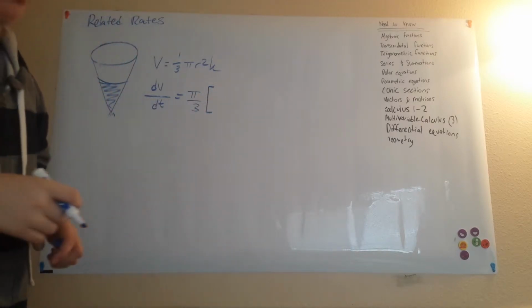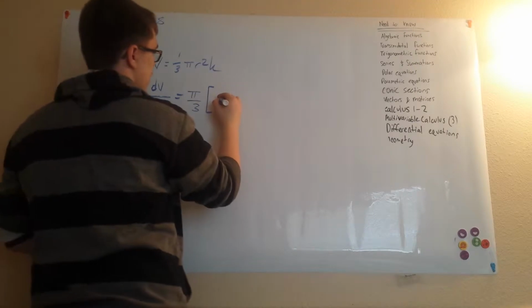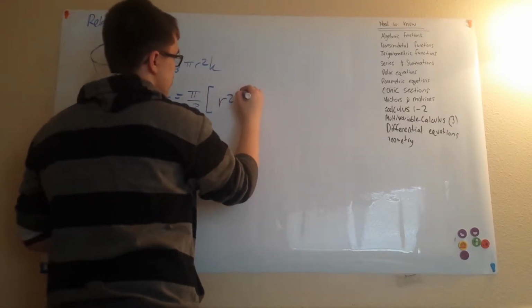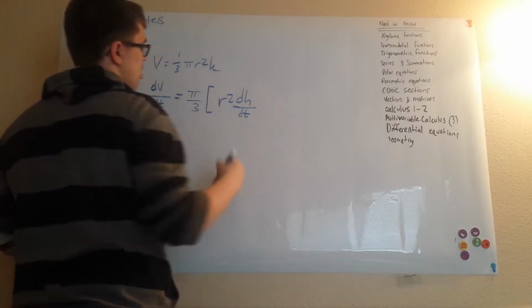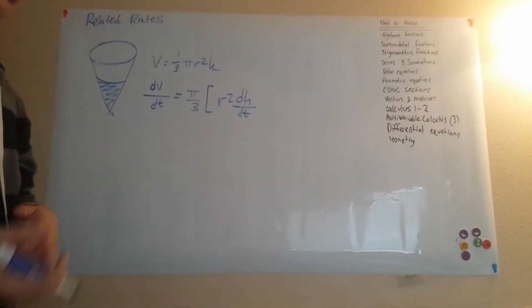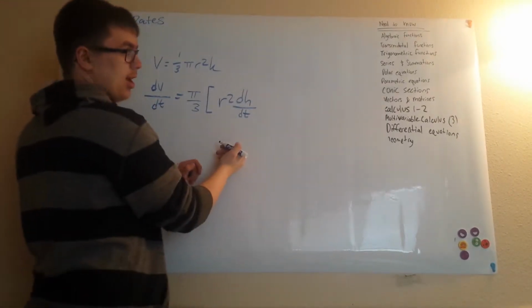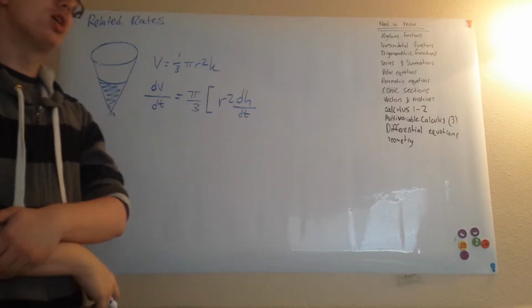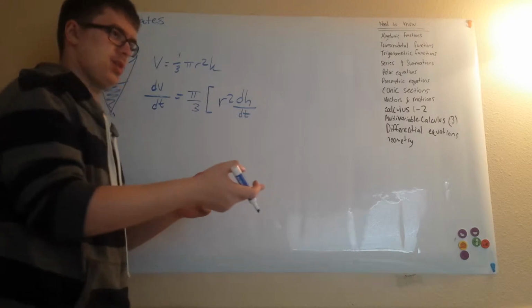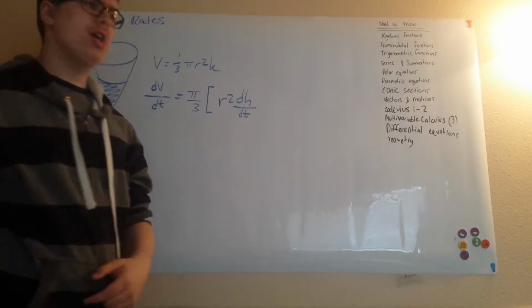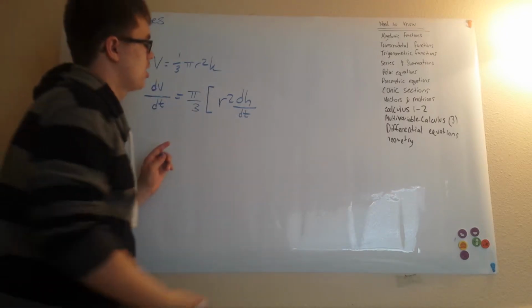This is a product rule, so it's the first times the derivative of the second. Now remember how the derivative of y was dy/dx, because that's what it means, the derivative of y with respect to x. So the derivative of h is just dh/dt.